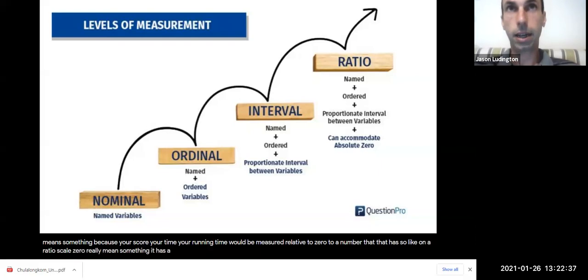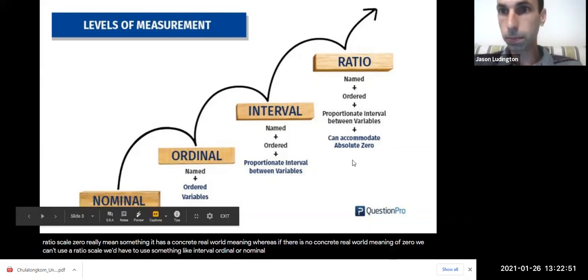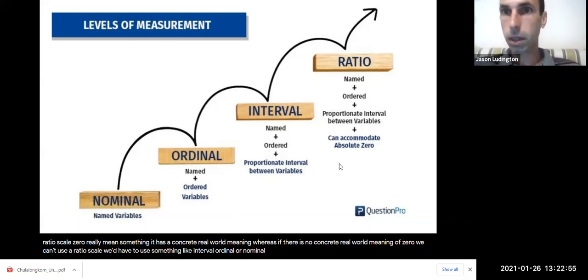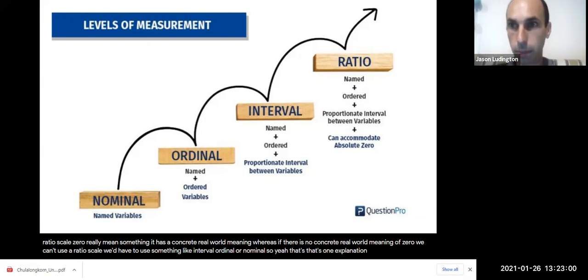It has a concrete, real world meaning. Whereas if there is no concrete, real world meaning of 0, we can't use a ratio scale. We'd have to use something like interval, ordinal, or nominal. So yeah, that's one explanation. Hope it makes some sense.